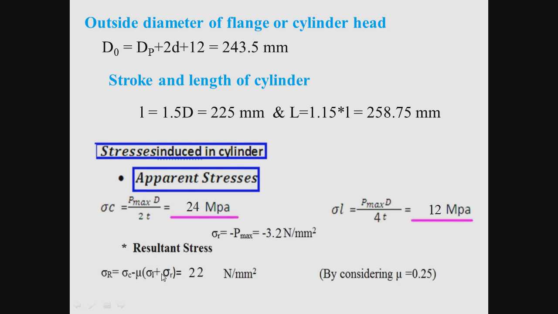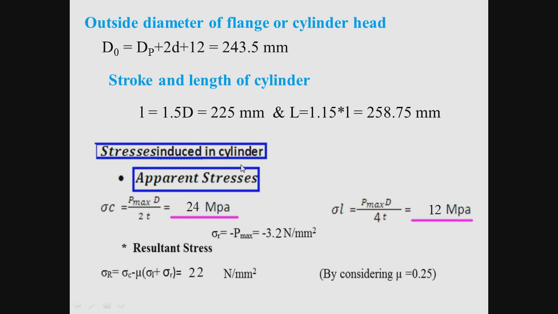Sigma L is 12. Sigma r is minus 3.2. If you substitute all the values, resultant stress is equal to 22 Newton per mm square, which is less than the allowable stress. Allowable stress for the cylinder is 40 Newton per mm square. The resultant stress is 22, so it is much safer.